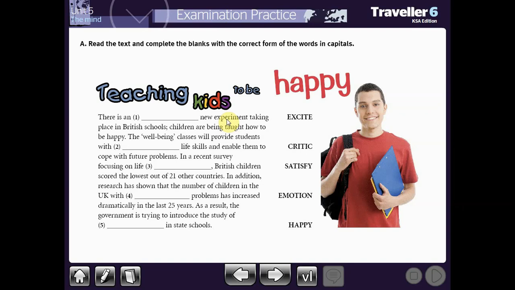Adjectives that end in ing generally describe the thing that causes the emotion. A boring lesson makes you feel bored. Okay, so here we will put exciting.